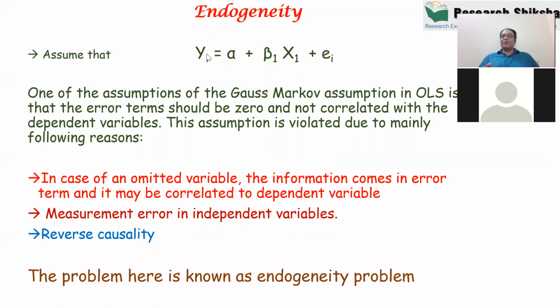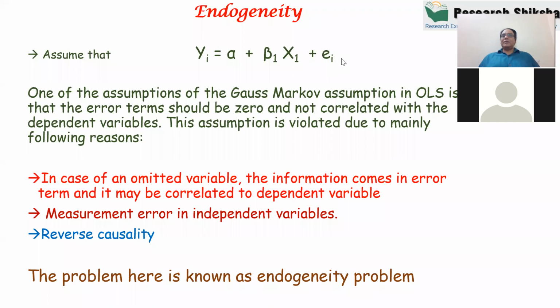Now, what is the reason for that? When is it possible, and what is the reason for this problem? One of the problems is that of omitted variables. If you are not including some important variable which can explain the y, which can explain the dependent variable, then the effect of this omitted variable comes into the error term.